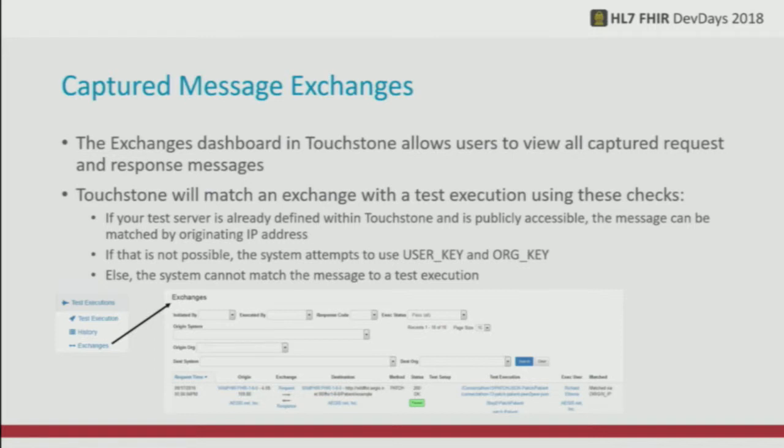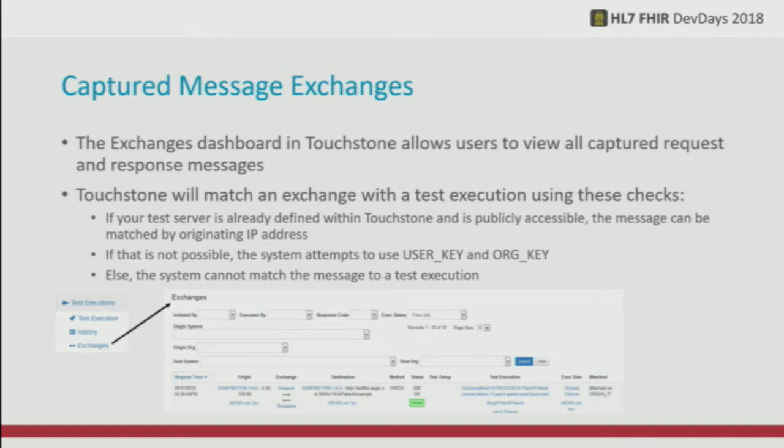Okay? If that's not possible, then we have another mechanism called user key and org key. So you as a user, and for those of you who belong to an organization, we've given you these generated random strings that you can use in this peer-to-peer testing.